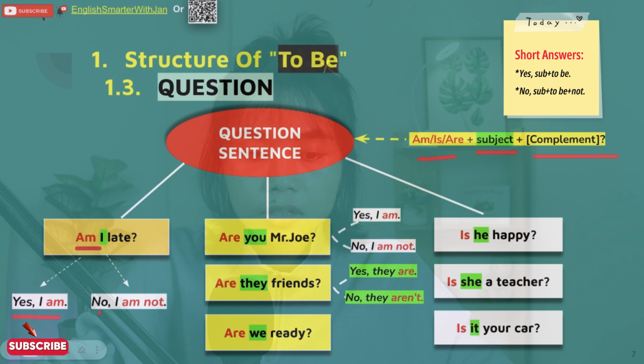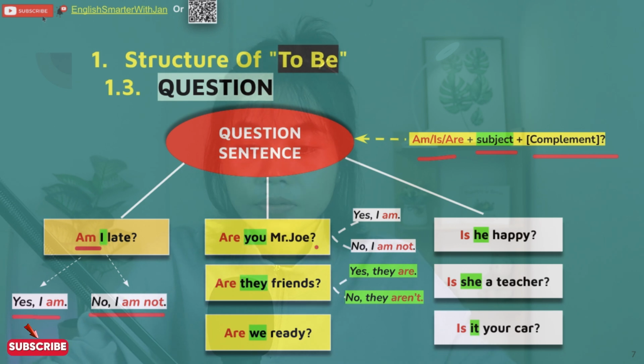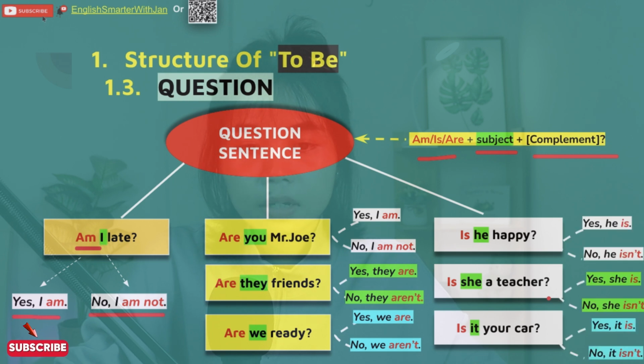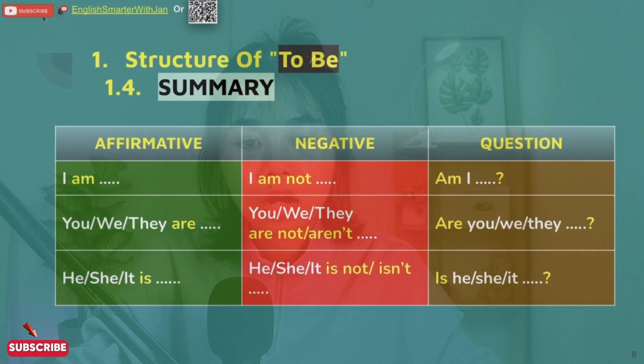And the negative answer starts with the word no and then the subject and the verb to be and then the word not. We apply the same rule to answer the rest of the questions here. Okay, so now we've done with the three forms and also the short answer. Here's a summary of what we have covered so far.